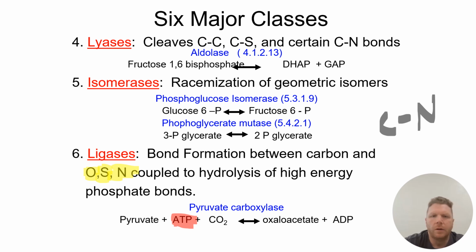ATP. Now, that's not the first time that we've seen ATP. We saw ATP when we were talking about transferases. But the difference between this ligase and a transferase is one thing that's missing from this reaction that I need to add in: ADP plus inorganic phosphate.